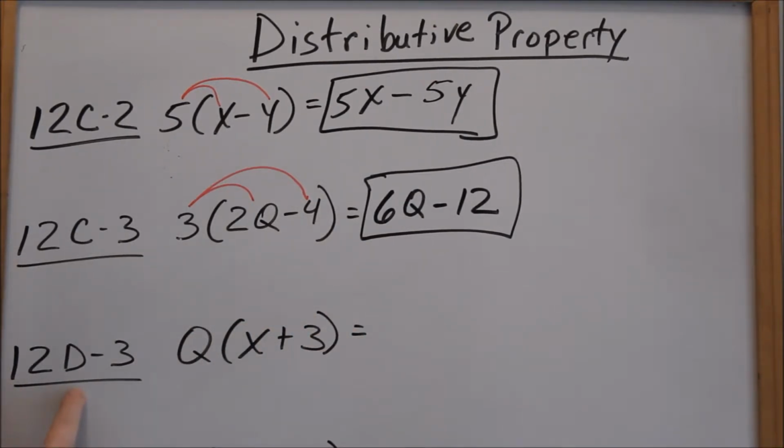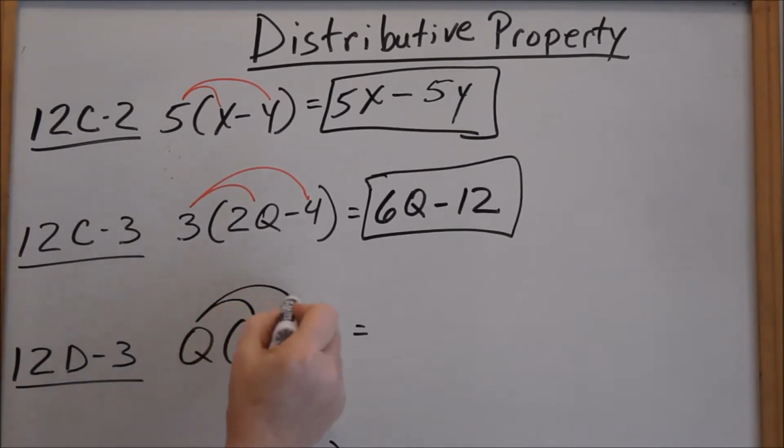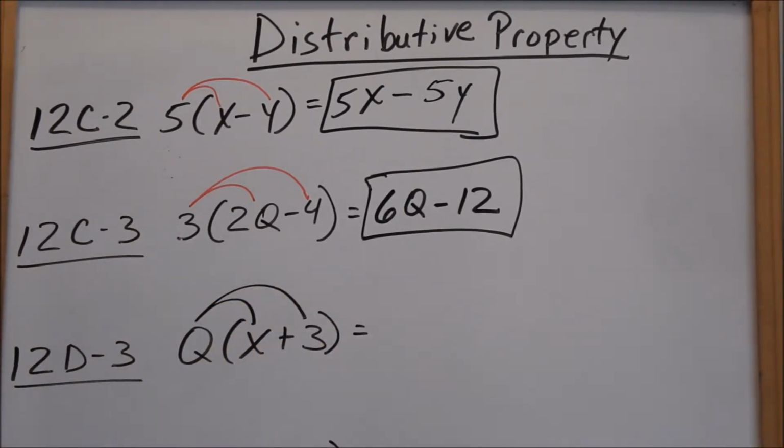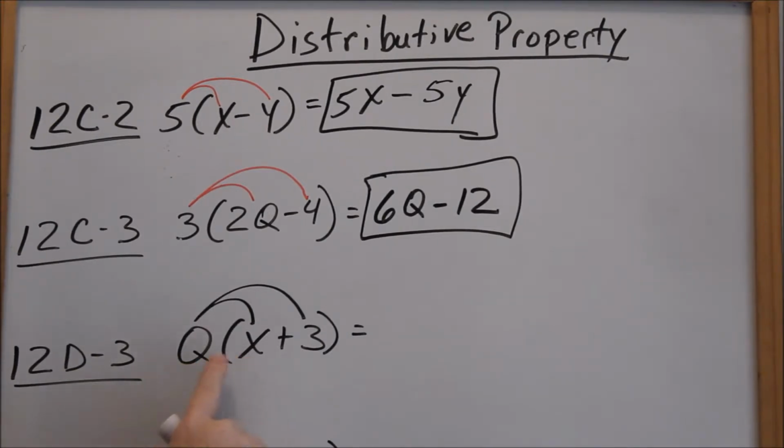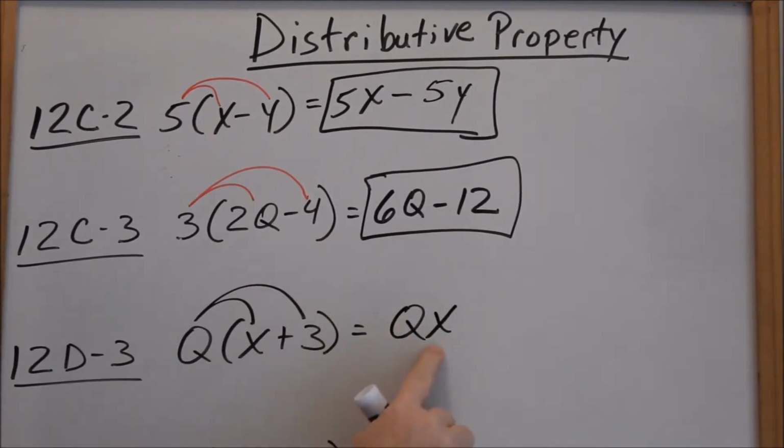Okay, let's look at 12D3. So again, we're going to take this q and multiply it to everything in the parentheses. You multiply numbers to numbers and letters to letters, so you can multiply letters together. Q times x, the way that we write q times x is qx. When you see 2 letters next to each other, that implies multiplication.